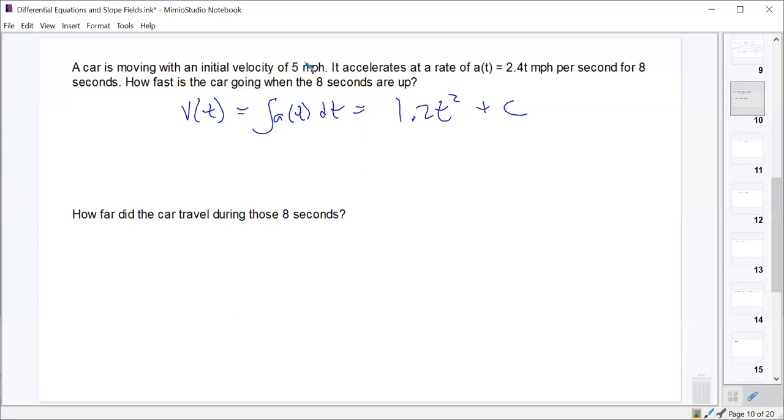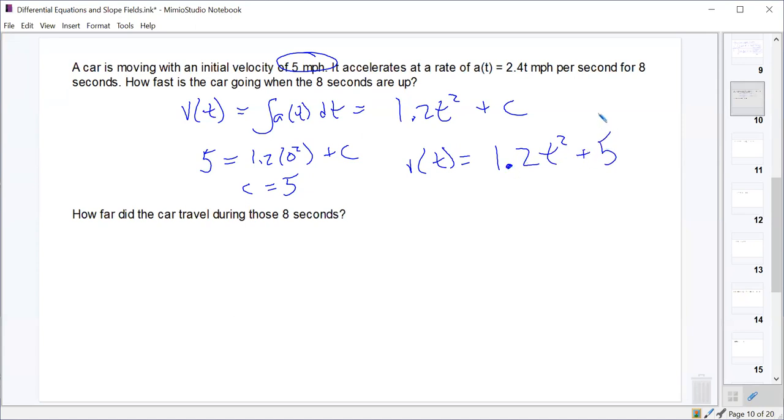And we need to figure out what that constant is by looking at our initial velocity. So we know that velocity equals 5 if t equals 0, which gives us a constant of 5, which tells us that the velocity function should be 1.2 t squared plus 5.